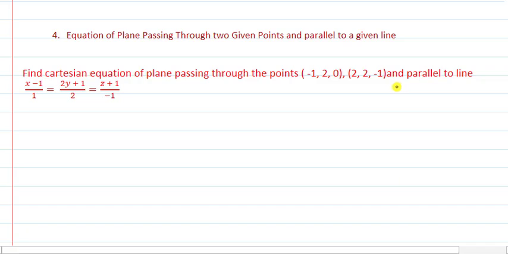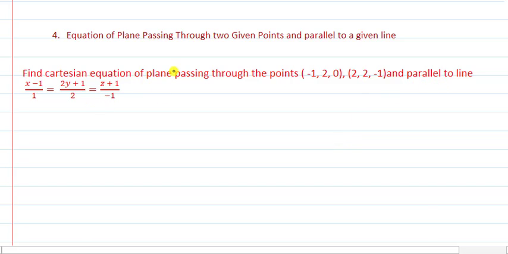First point we'll use in place of x1, y1, z1 in the basic equation of the plane, which is the equation of plane passing through one given point. Then in second step, we'll use point 2, 2, -1 in place of x, y and z to get second equation in the form of a, b, c. And the third one is given to us, line parallel to the plane.